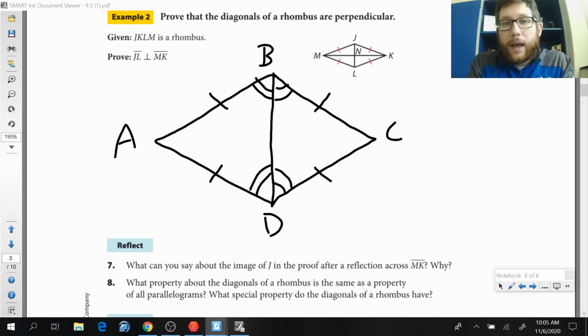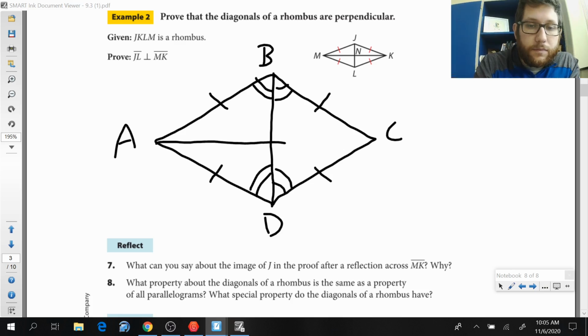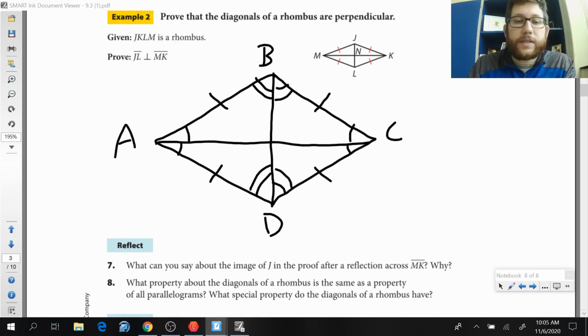So that's why our diagonals bisect the angles. And if I drew a second diagonal here, I'd find the same thing. I'll mark these differently because they're not the same size as the ones at B and D. The ones at A and C are only 1 mark.